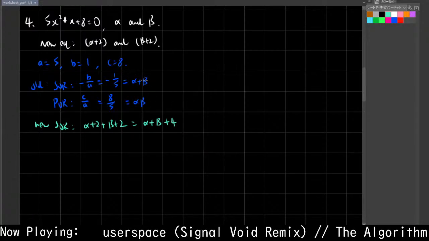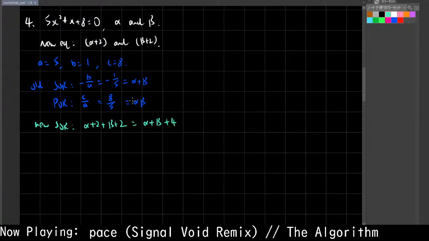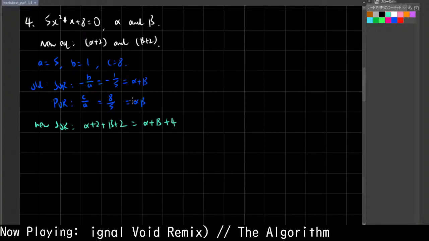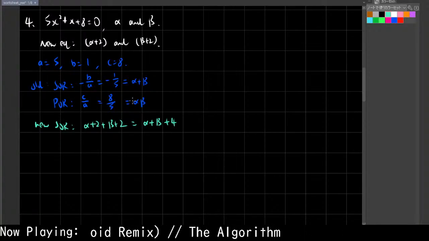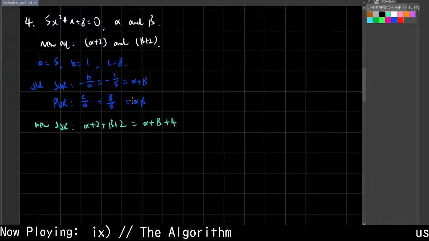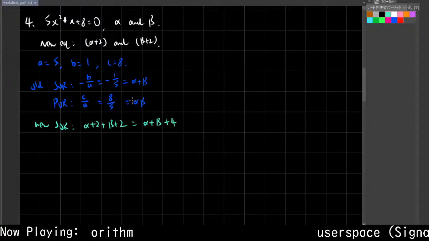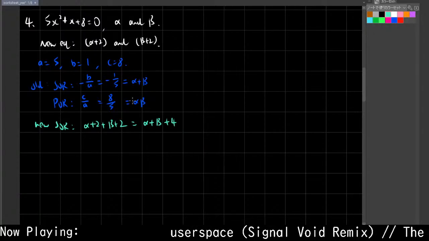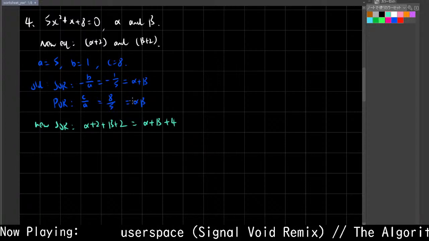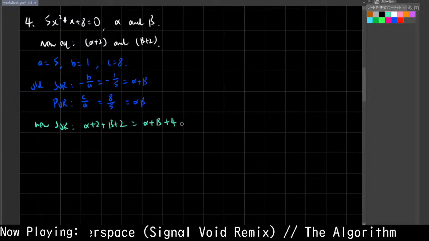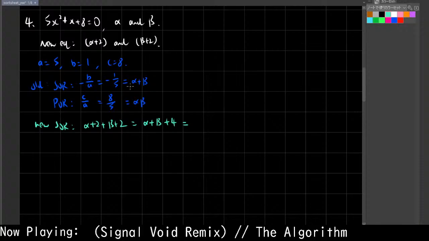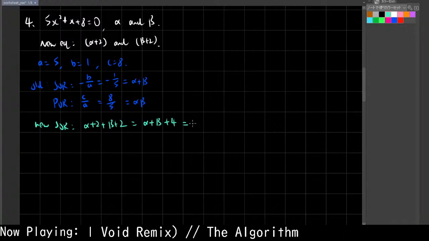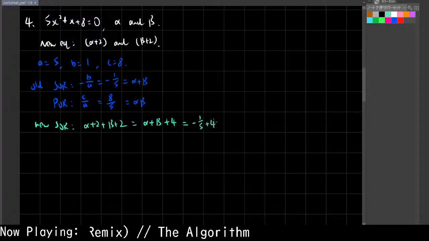While calculating your new SOR and POR, this is where you want to substitute the values that you get from your old SOR and POR into the expressions for the new ones. Or else you won't be able to get the new SOR and POR in numbers, and therefore find the equation. Okay, then this will be equal to negative 1 over 5 substituted in.